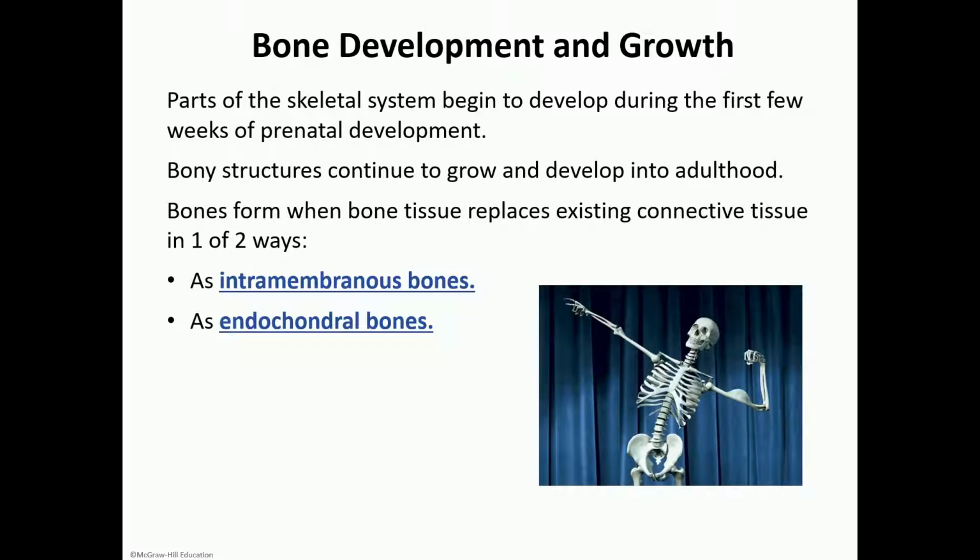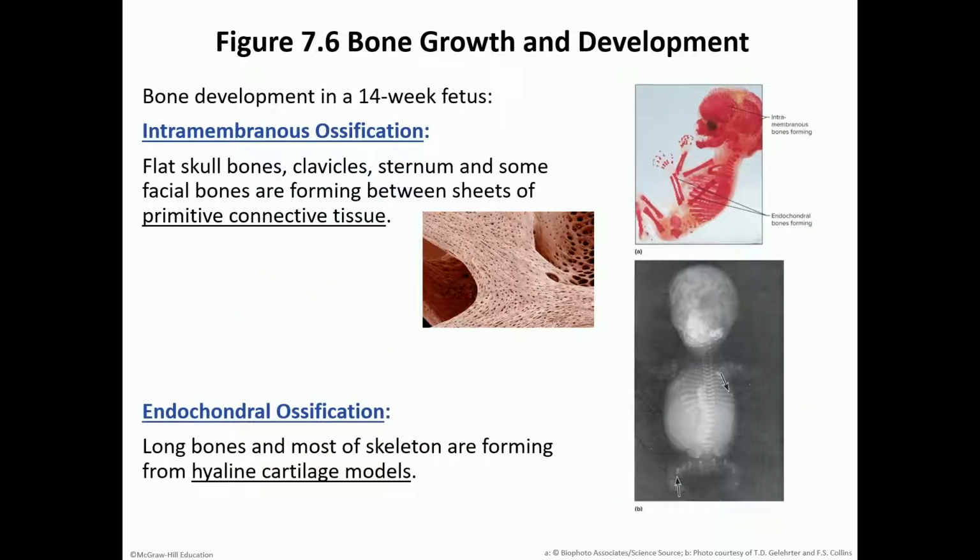So flat bones start off as membranes, and we call those intramembranous bones, while long bones start off as cartilage, and we call those endochondral bones. So you see here, these are images of bone development in a fetus at week 14.